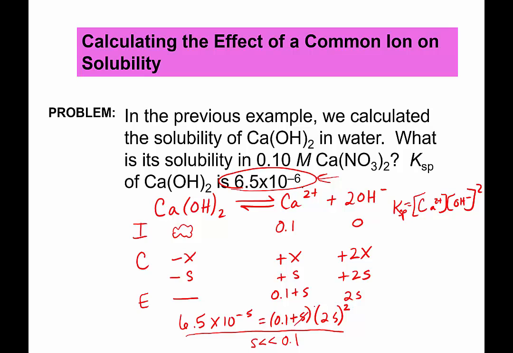So we're going to just ignore this S. And so we'll rewrite this as 0.1 times 4S squared, or 0.4 times S squared is equal to 6.5 times 10 to the negative fifth.